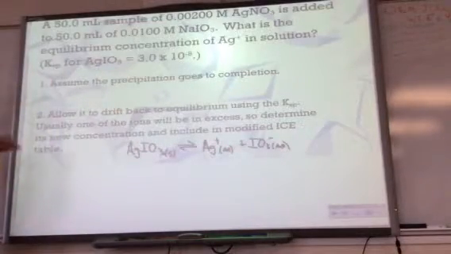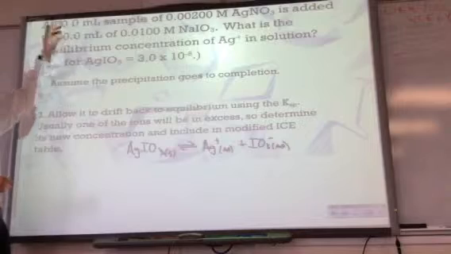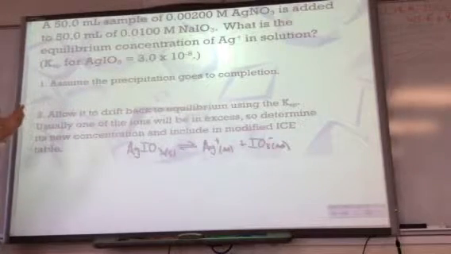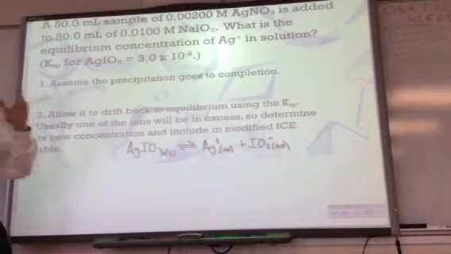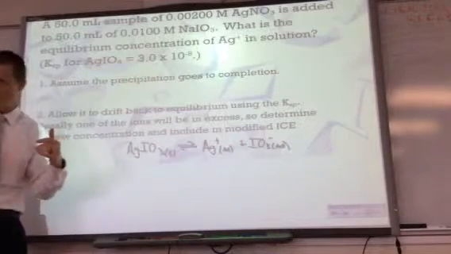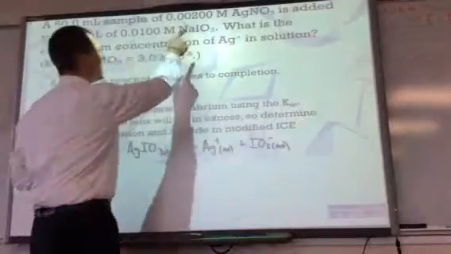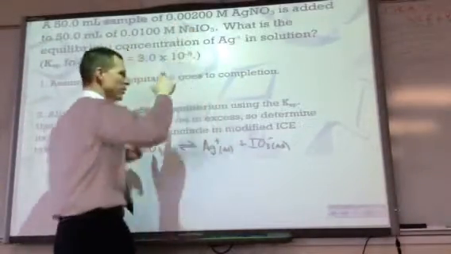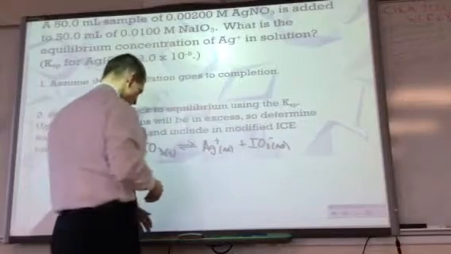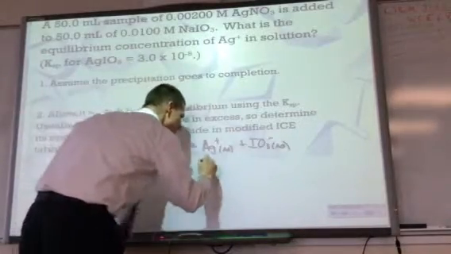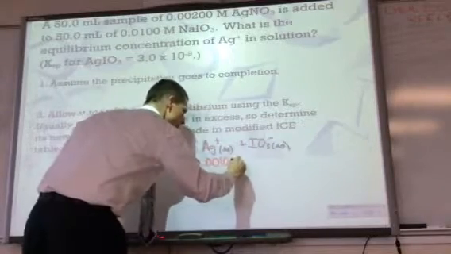Okay, well, let's see. 50 milliliters of each solution. Again, that's very nice when they do that, because that allows us to just take the concentrations that originally were there and cut them in half. The volume's doubled, concentration gets cut in half. So the silver ion concentration was 0.002, but when it got diluted by a factor of 2, initially its concentration is 0.001.